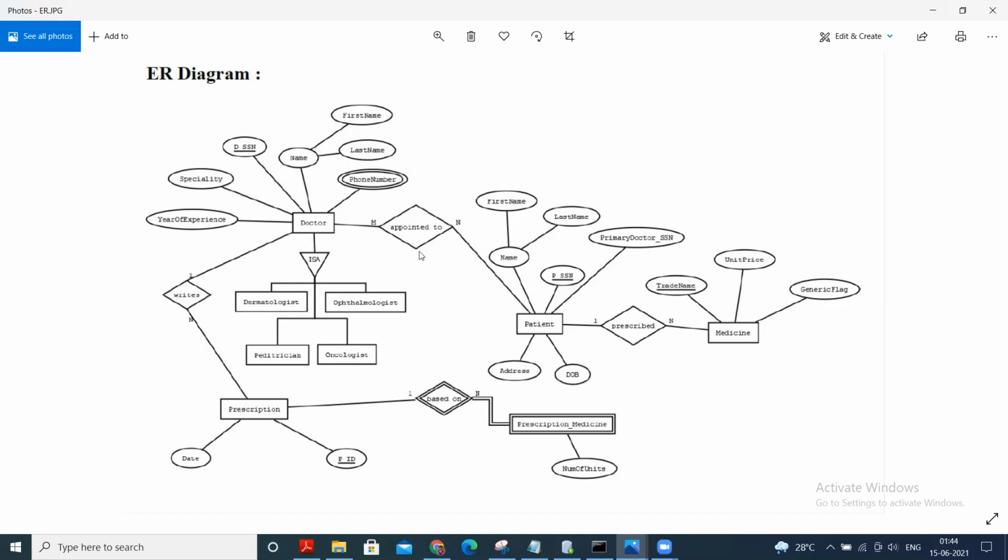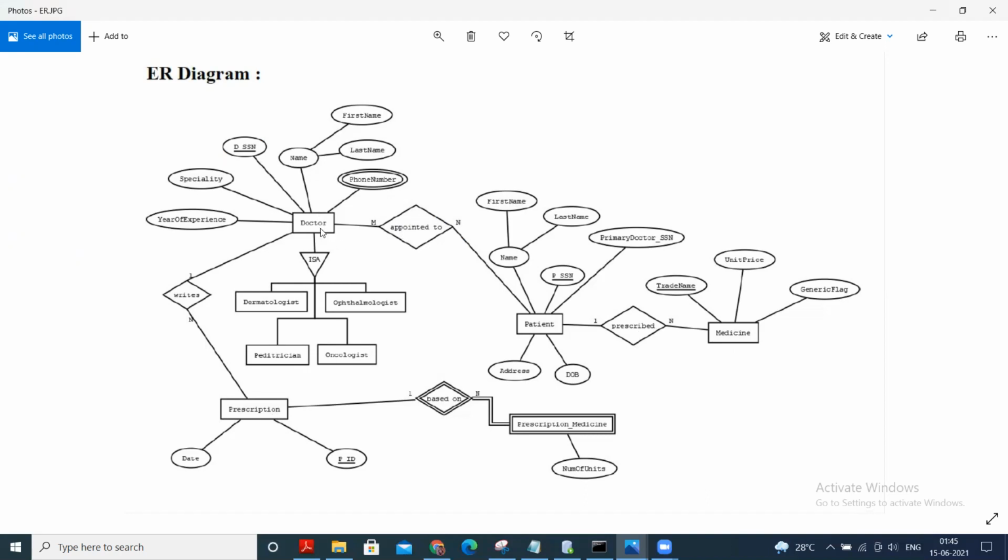Doctor and patient are related in an M to N relationship, and patient and medicine are related in a 1 to N relationship, meaning one to many, and here many to many, and doctor to prescription is one to many.